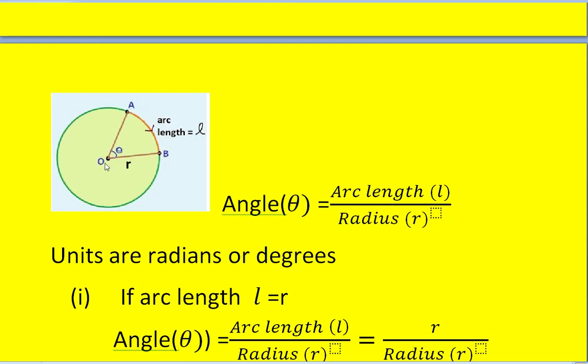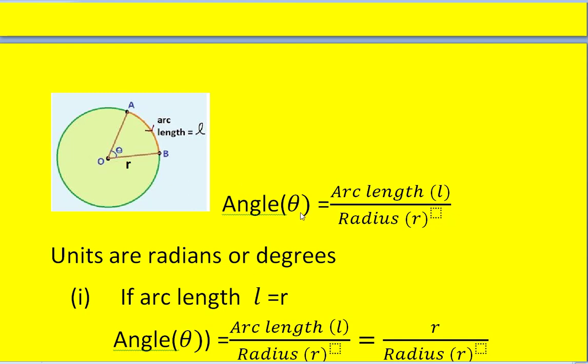This OA is equal to OB is equal to the radius of the circle. Let us say the distance between point A and point B is L, and this AB is called the arc, and the length of that is called the arc length.